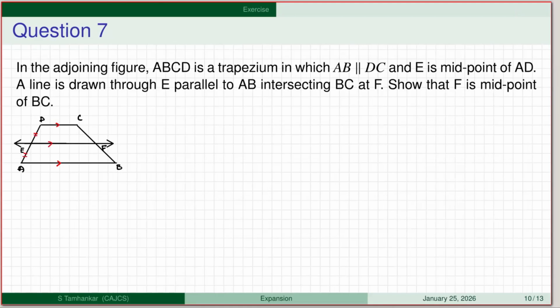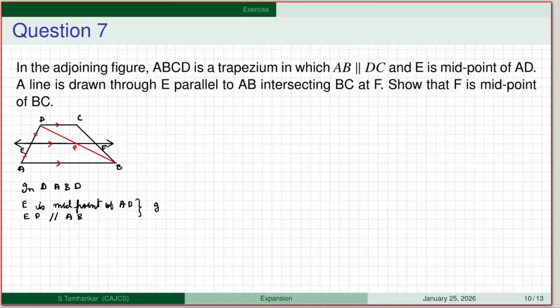I'm going to do one construction here. I'm going to join this, and let us name this particular point P. Now in triangle ABD, I have E as the midpoint of AD, and I have EP parallel to AB.